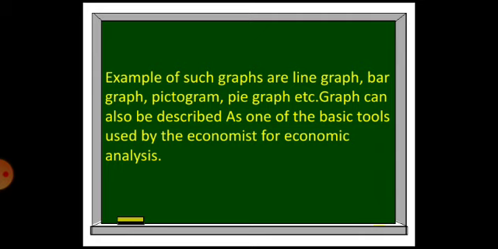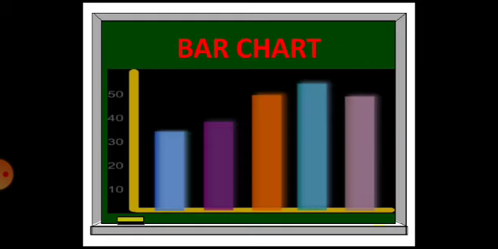Examples of such graphs are the line graph, the bar graph, the pictogram, the pie graph, and so on and so forth. A graph can also be described as one of the basic tools used by economists for economic analysis. Now, let's see each example of all these tools that we use in economics to analyze data.